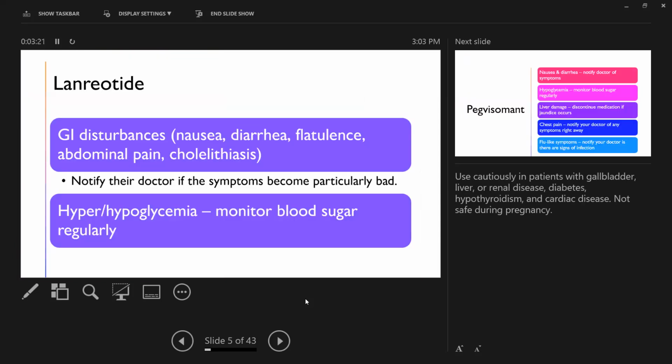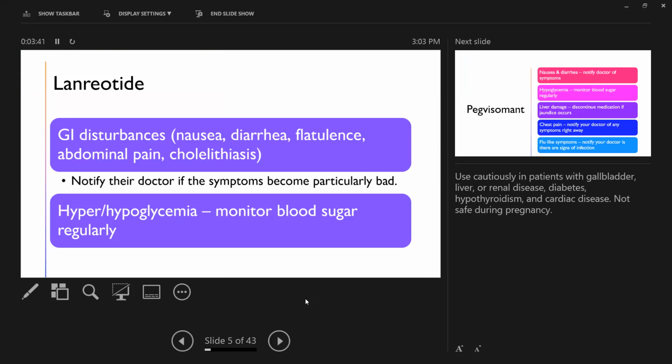Lanreotide also causes GI disturbances, but unlike octreotide, it has a higher tendency to cause gallbladder stones. And the patient should notify their doctor if these symptoms become severe.